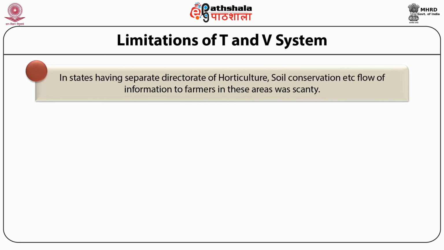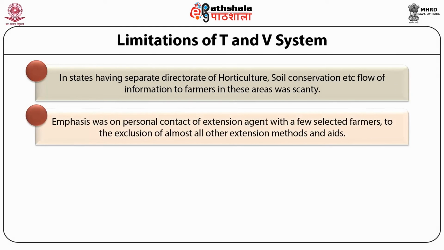Coming to the next limitation, that is, emphasis was on personal contact of the extension agent with a few selected contact farmers. The extension officer was visiting a group of selected farmers whom we identified as contact farmers. We were discussing the use of extension methods in earlier points.